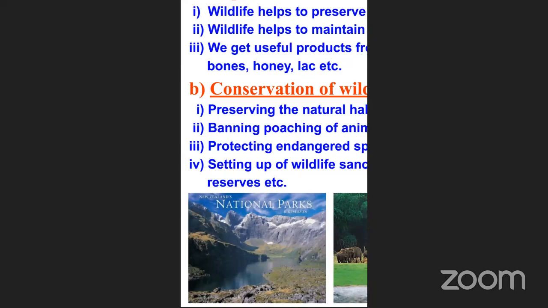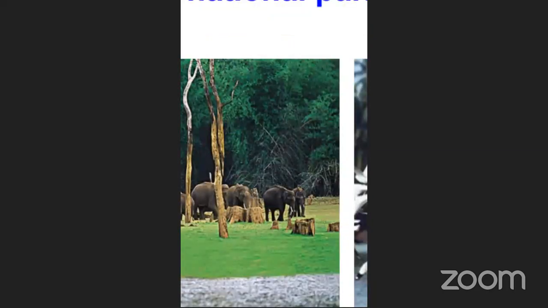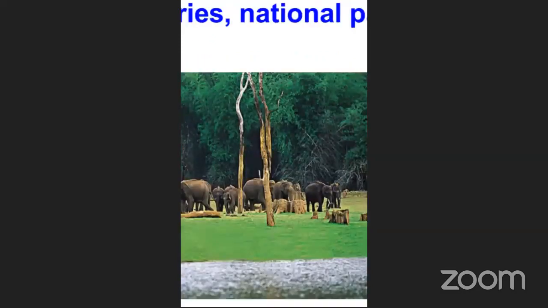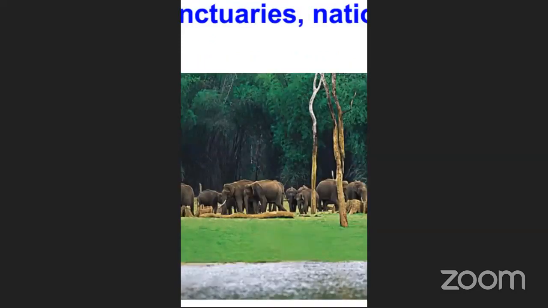But in zoo, what we are doing, you have seen a zoo, all of you? Yes, ma'am. What they are doing, they don't provide the natural environment for them. But if we provide the natural environment like national parks, where they are given natural area for them to survive there.